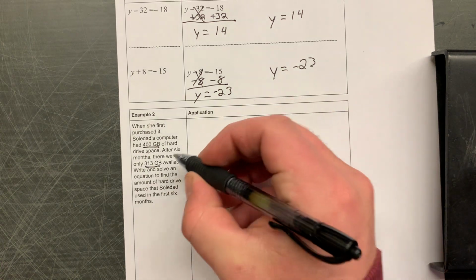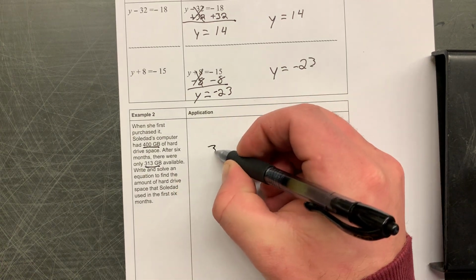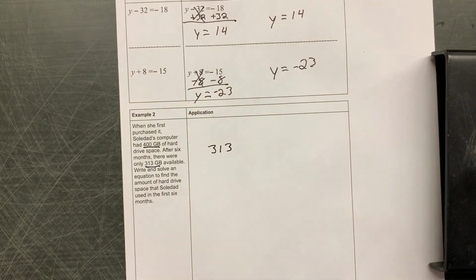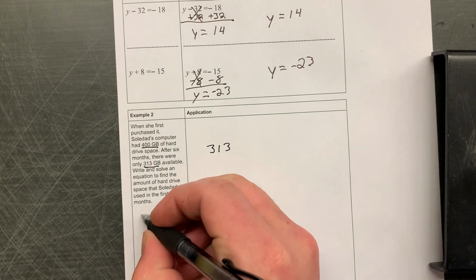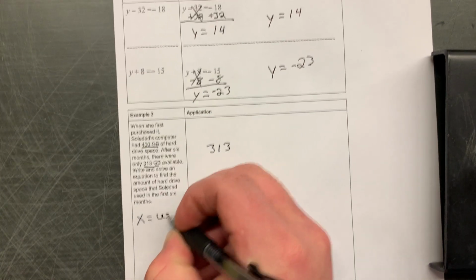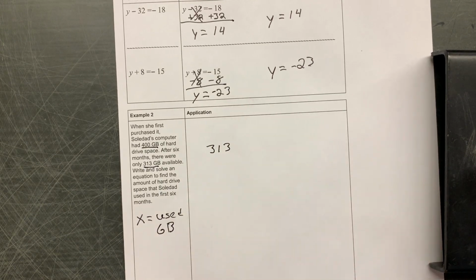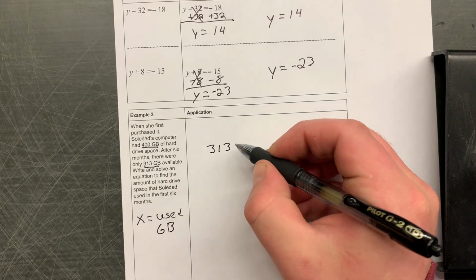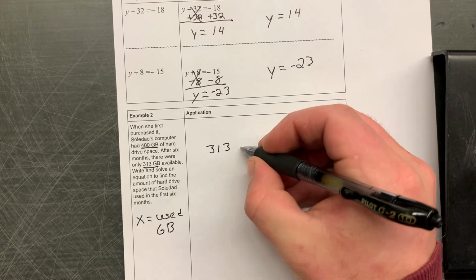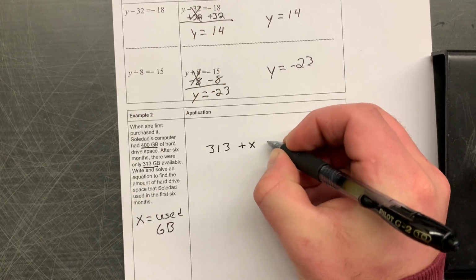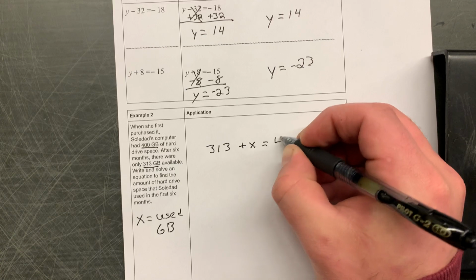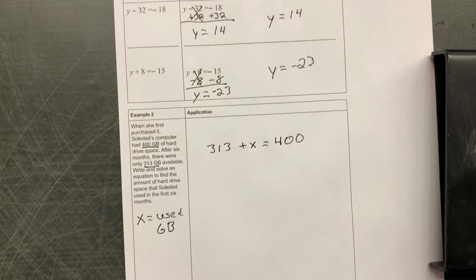We know that she currently has 313 gigabytes available. We're going to use x for the amount of used space, or used gigabytes, okay? We know that the 313 that she has currently plus the amount that she's used is going to have to equal the amount that she started with, the 400.